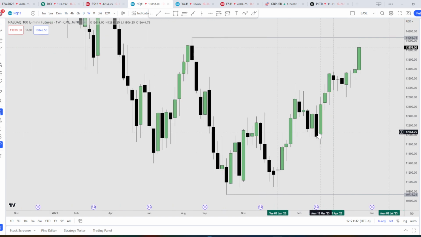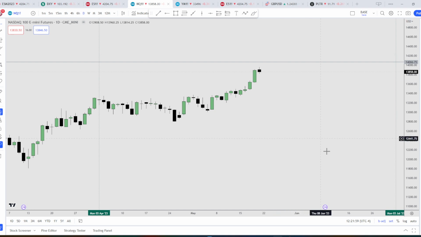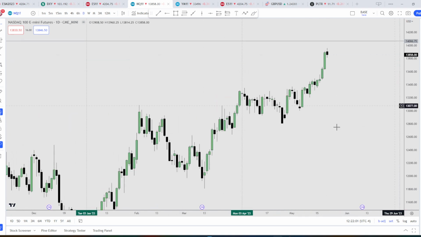Nasdaq, as you can see, we're reaching into the August highs, pretty obvious. Weekly closure above this volume imbalance, so I'm expecting this to turn into support to really go higher. Nasdaq is very bullish as compared to ES.